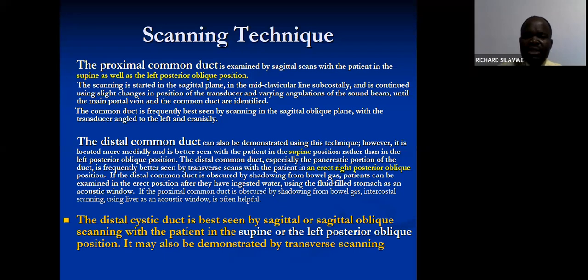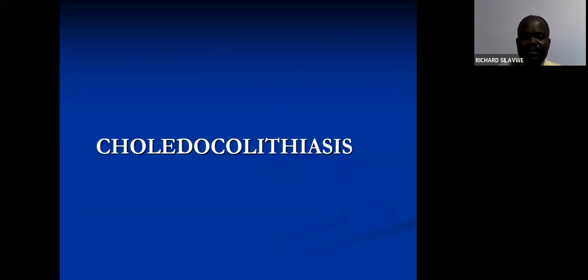So you can use either position to check the cystic duct. Most of the time, it's very difficult to visualize, but in most patients, if you maneuver with the probe in terms of positioning and angulation, you are able to capture the cystic duct.